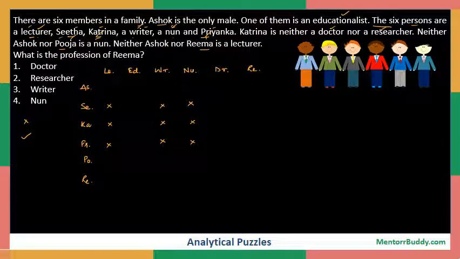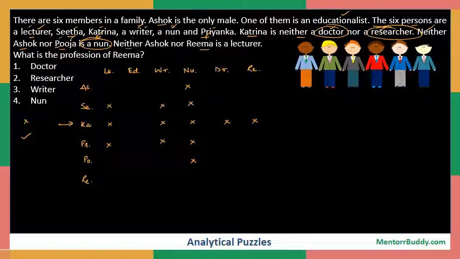In the next line it is given Katrina is neither a doctor nor a researcher. So if I look at Katrina's information, she cannot be a doctor and she cannot be a researcher. The next line says Ashok and Pooja are not nun. So Ashok is not a nun, and the same applies to Pooja as well.